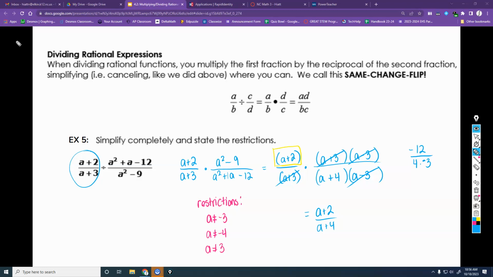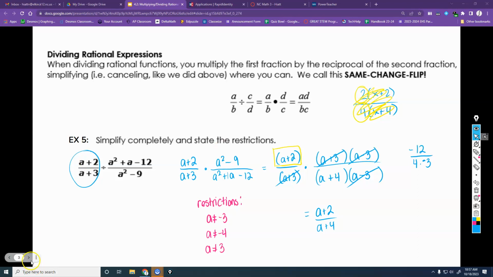You can only do that like if I had a 2 times x plus 2 over 4 times x plus 4, I could reduce these numbers right here, but you cannot reduce the ones inside of the factors there. So that's not really for this problem, but can't do it. All right, questions on that one?